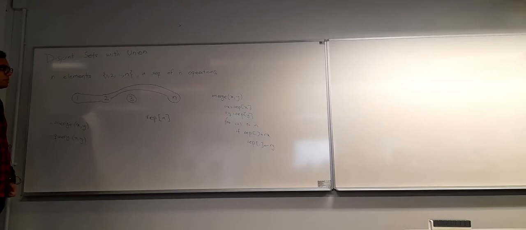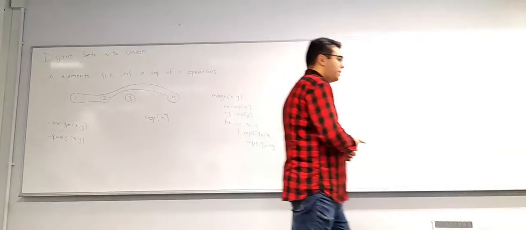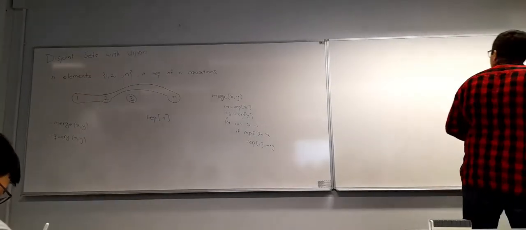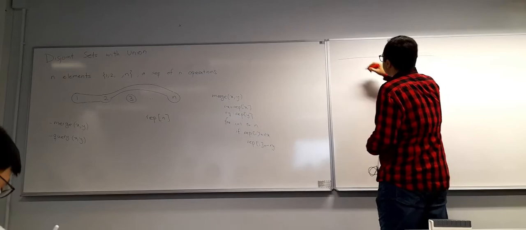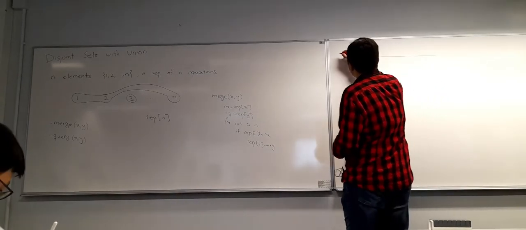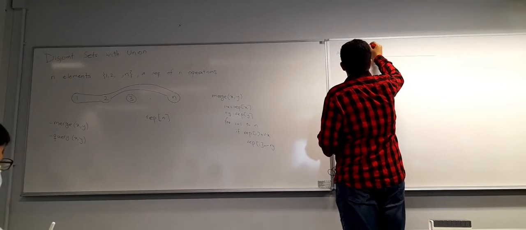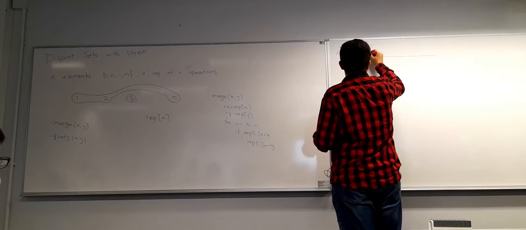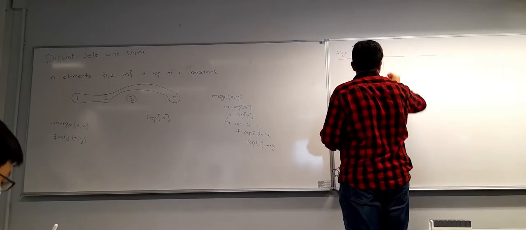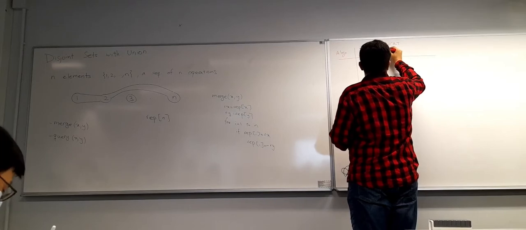But now let's talk about the runtimes. I'm going to just have a table here where I write the runtimes of all of these different algorithms that we're going to have. So this is my algorithm, this is the worst case runtime for merge, and this is the worst case runtime for query.